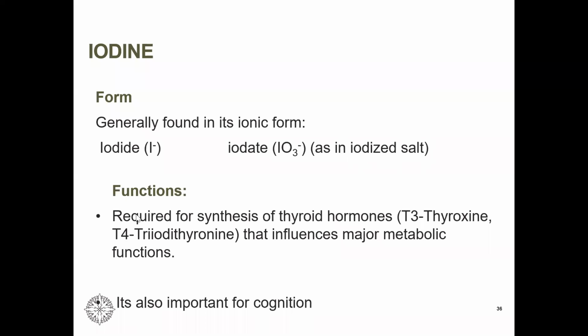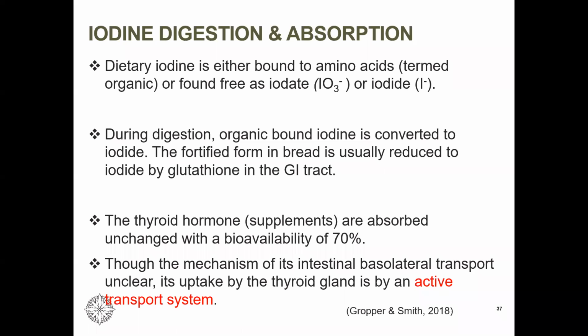Functions: we know that it is required for synthesis of thyroid hormones, because it's the two iodine molecules that have to attach to tyrosine to make thyroid hormones. And there we also need vitamin A, and we also need iron, because they support those enzymes that are making them.